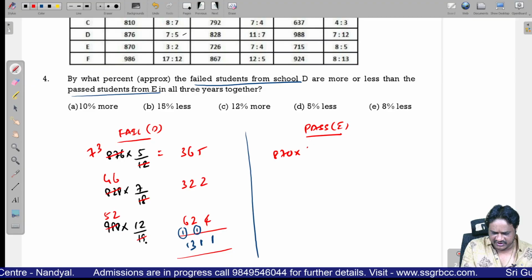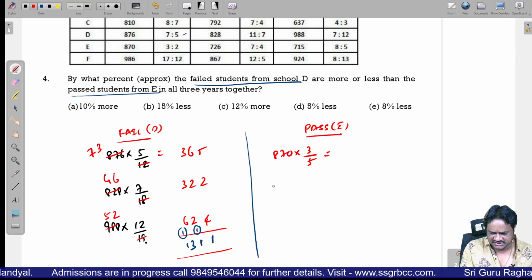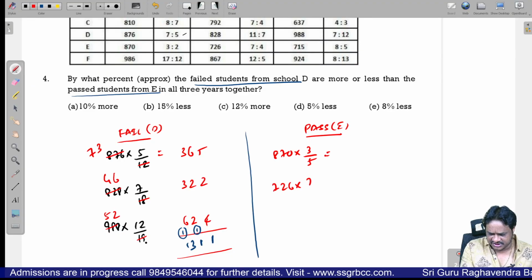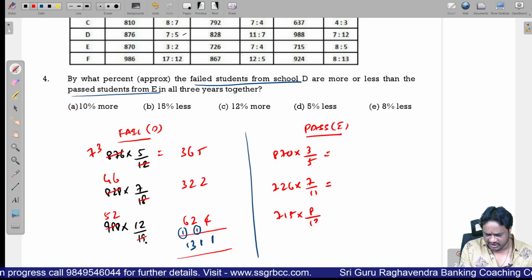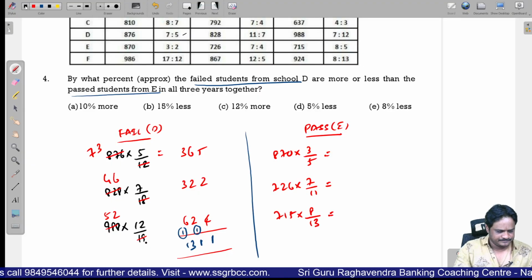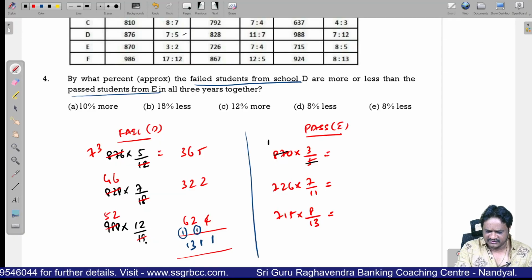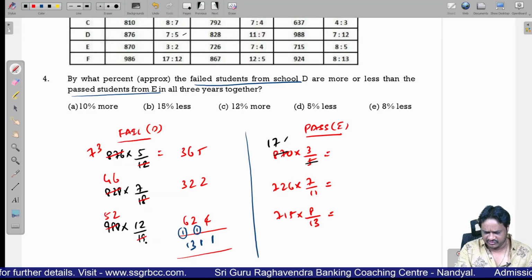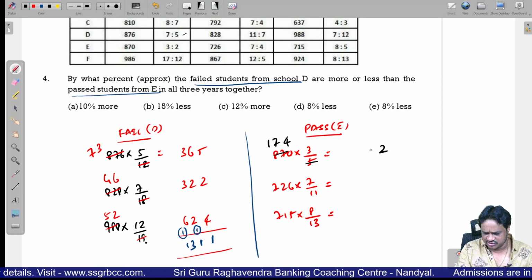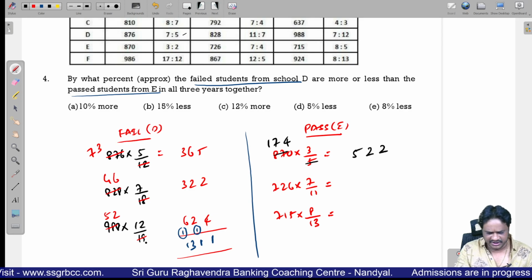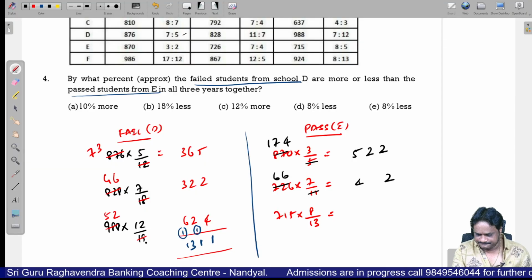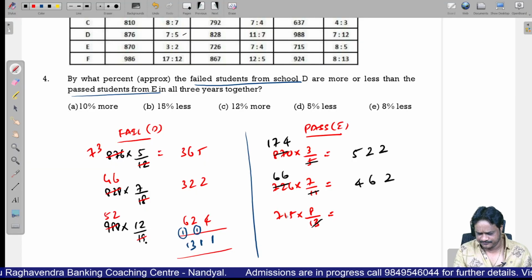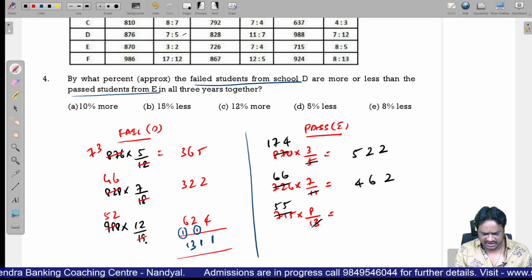So 870 into 3 by 5, pass. 726 into 7 by 11. 715 into 8 by 13. First, 5 17s are 85, 5 fours. 3 fours are 12, it is 522. 11 sixes, again 11 sixes, 462. 13 fives, again 13 fives.